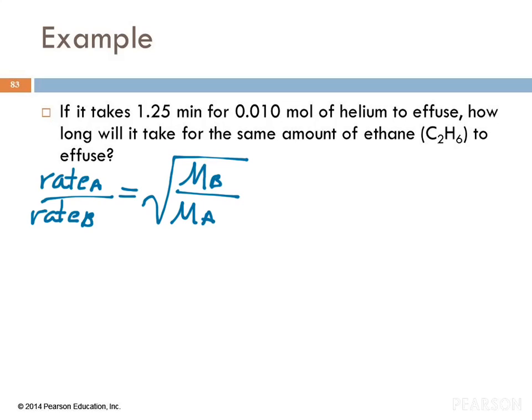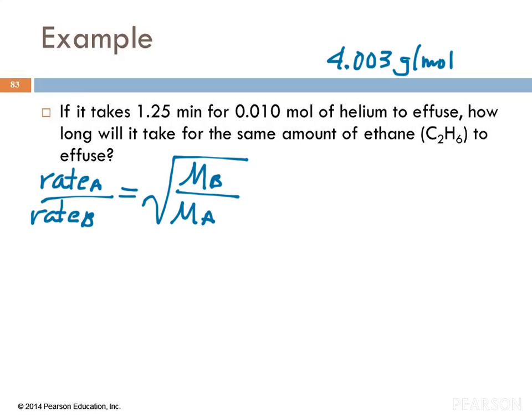Do we know the molar masses of helium and ethane? Yeah, we can figure them out. So helium is going to be 4.003. That would be grams per mole. Since we're doing a ratio here, would it affect anything if we used grams per mole instead of kilograms per mole?